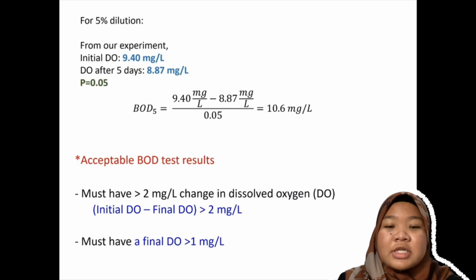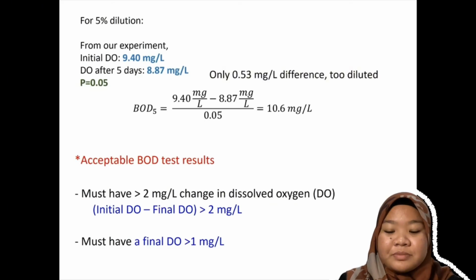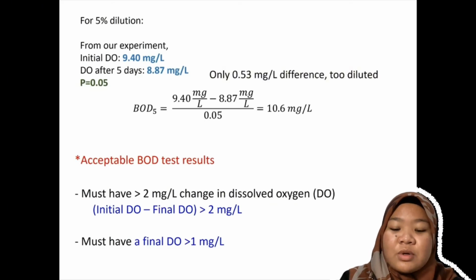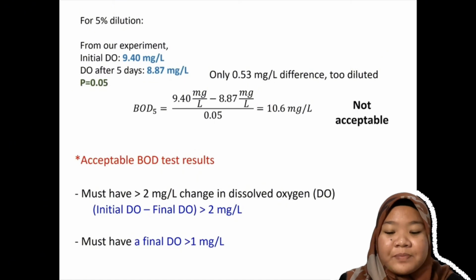First of all, the change in DO concentration must be higher than 2 mg/L. To get that, we need to use the initial DO minus the final DO. Then, we also must have a final DO that is higher than 1 mg/L.